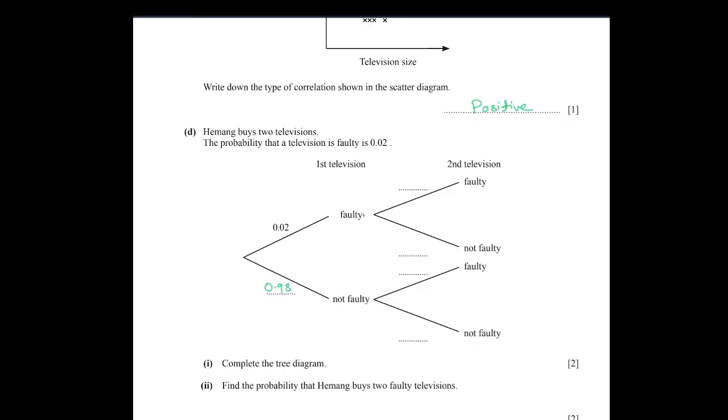Then from the faulty, again the second television is faulty or not faulty. So what will be the probability here? Complete the tree diagram. We have to complete the tree diagram here.